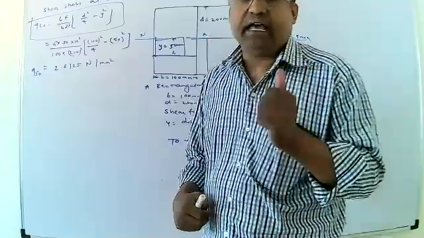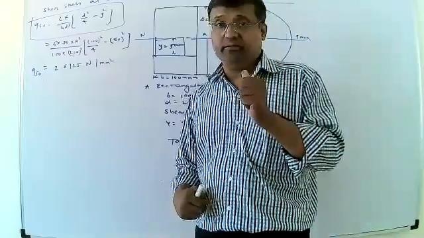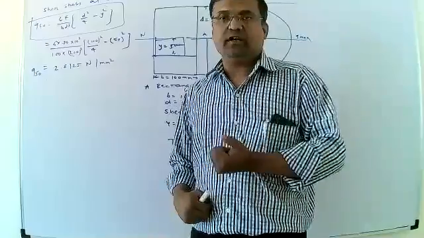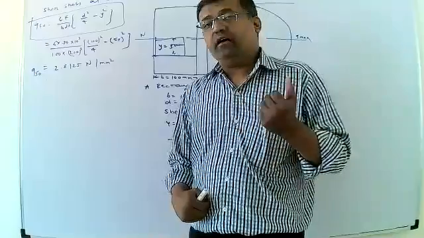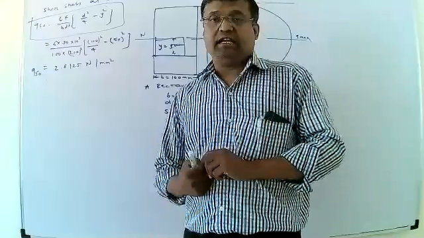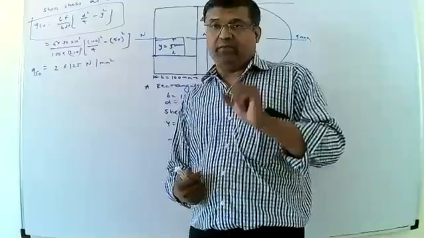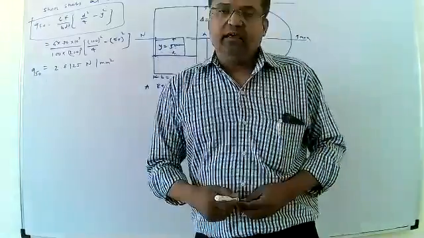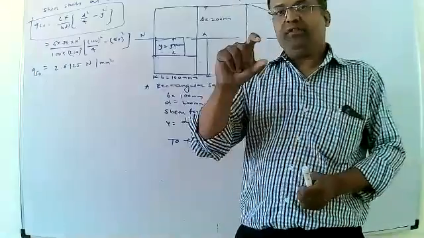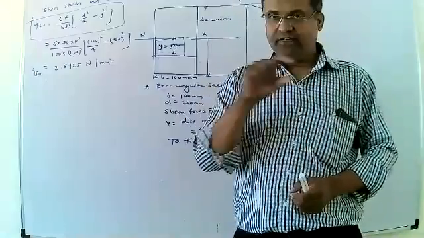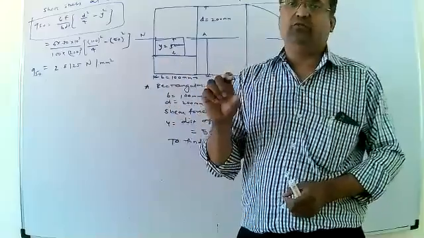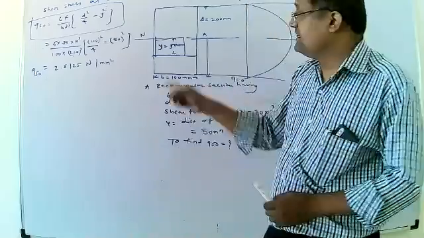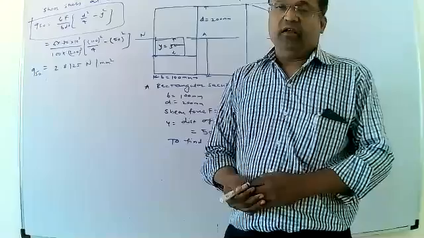The rectangular section has depth 200 mm, so the center is at 100 mm, where the neutral axis passes through. Below the neutral axis the distance of 50 mm is given, and this is said to be the layer. Y is the distance between the neutral axis and the bottom layer, and that distance is provided as 50 mm.